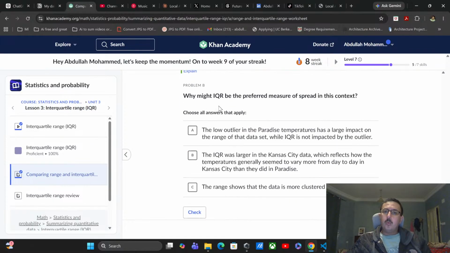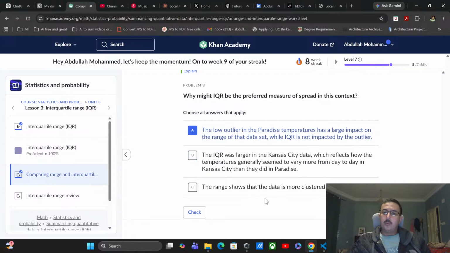Okay. Why might IQR be the preferred measure of spread in this context? The low outlier in the Paradise temperatures has a large impact on the range of the data set, while IQR is not impacted by the outlier.